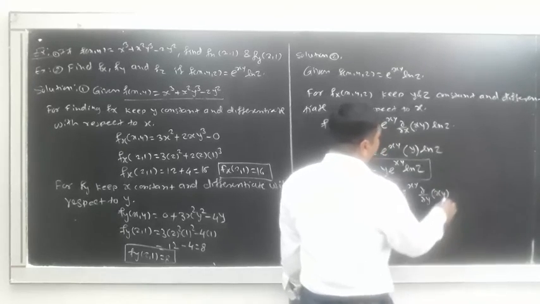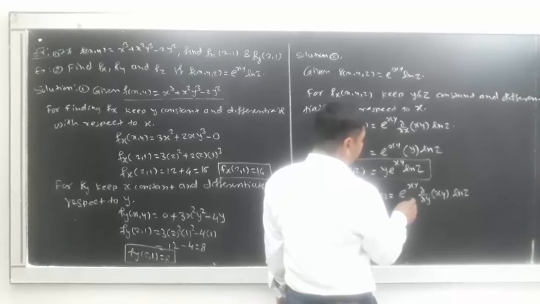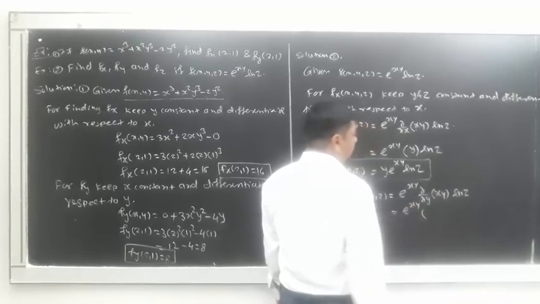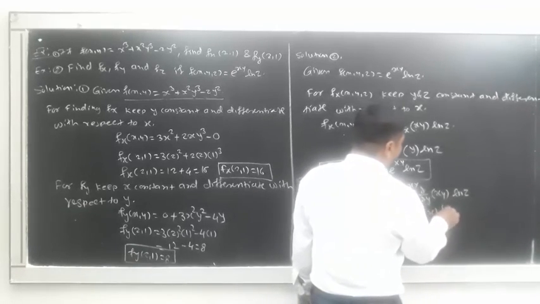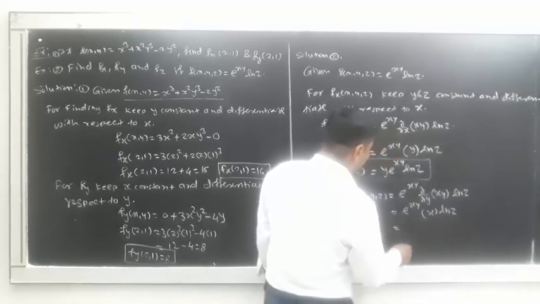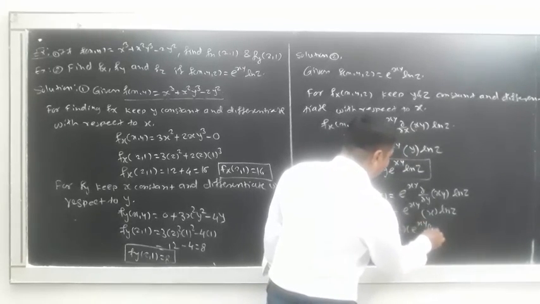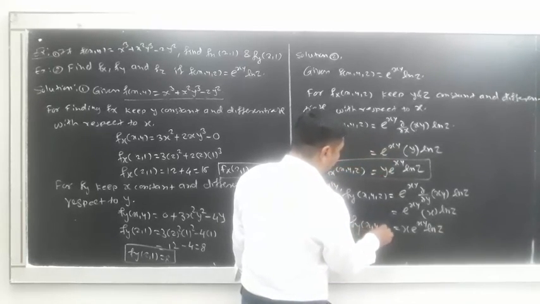Use the chain rule, ln z is constant. So again we are getting e raised to xy ln z, and the derivative of xy with respect to y is x. So our answer is x e raised to xy ln z. So this is fy at (x,y,z).